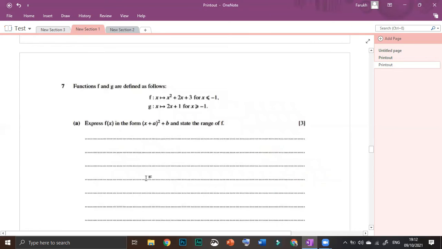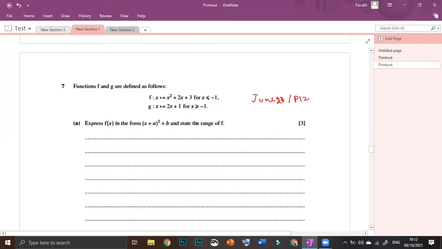The next question is from June 21, P12. The A part: functions f and g are defined as follows. f of x is equal to x square plus 2x plus 3 where x is less than or equal to 1, and the second function is g of x is equal to 2x plus 1 for x greater than or equal to minus 1.